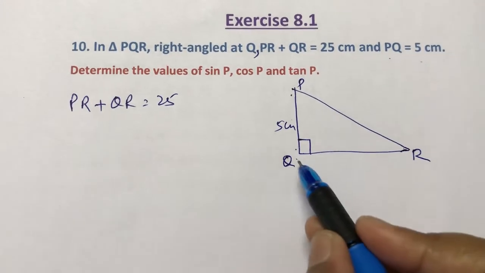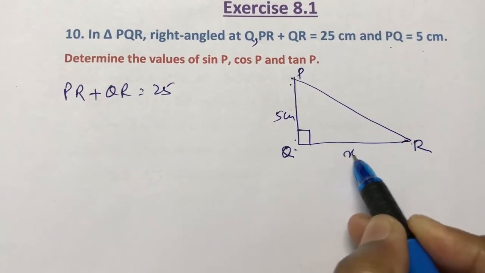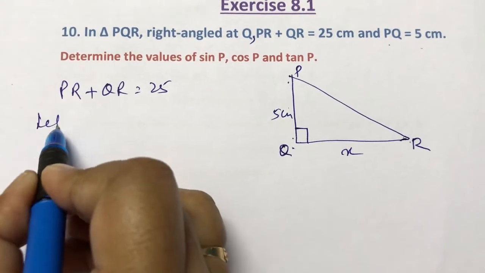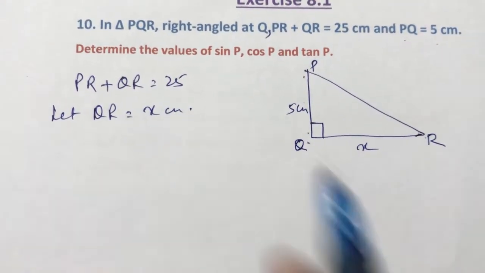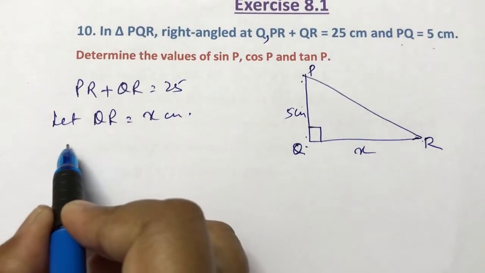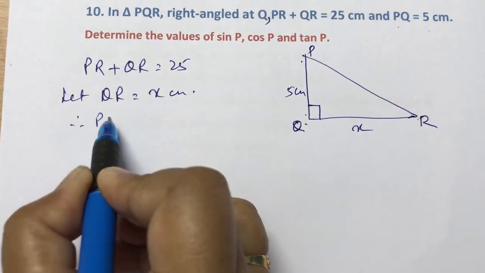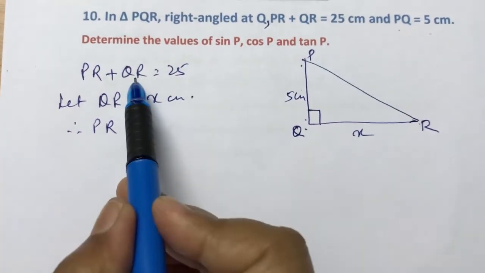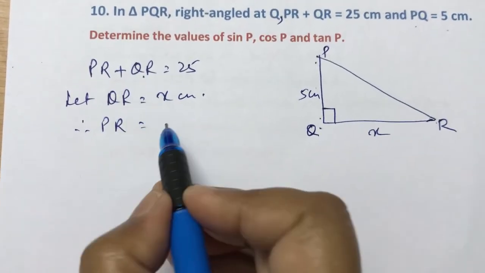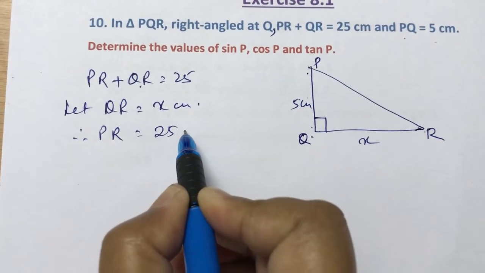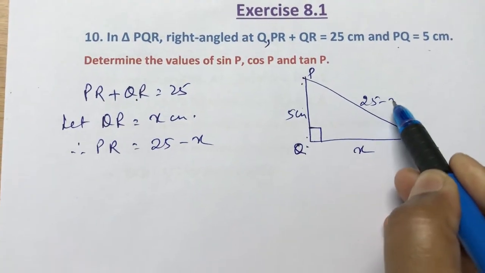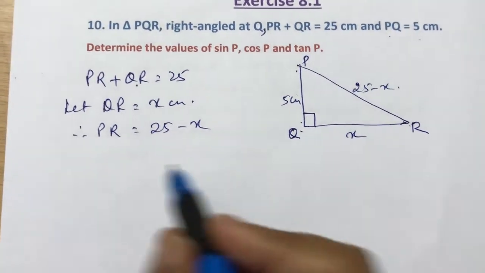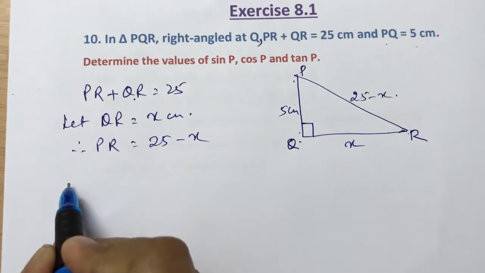So what I do, I take QR as suppose X. So let QR is equal to X centimeter. Then what is PR? If QR is X, then PR will be 25 minus X. Now let us find out the value by using Pythagoras theorem.